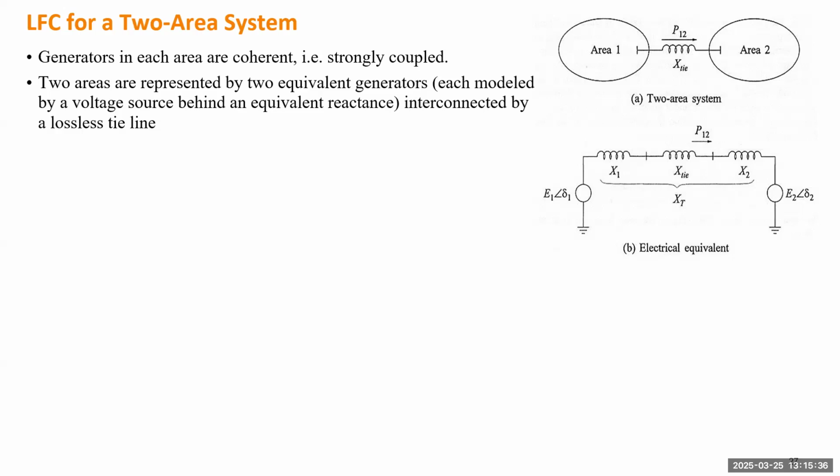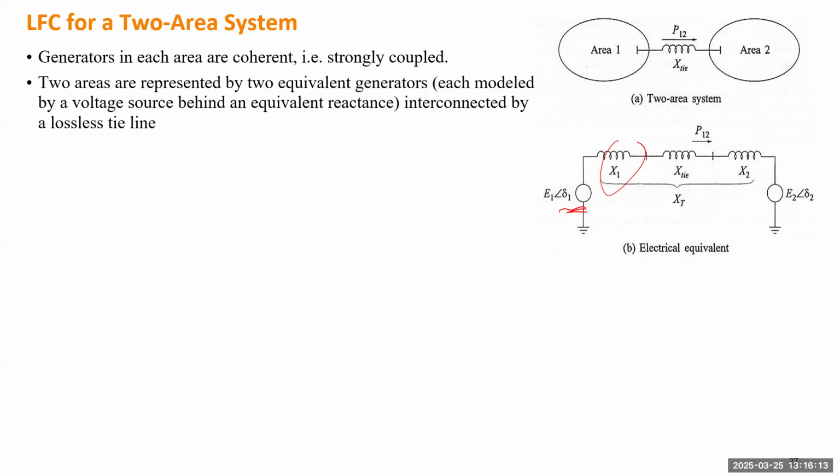So here we simply treat each area as an equivalent generator, each modeled by a voltage source behind some reactance. You can consider this voltage source like some type of equivalent EMF of the generator, and this reactance like a single reactance. And the tie line has no resistance. We just ignore any loss on the line.